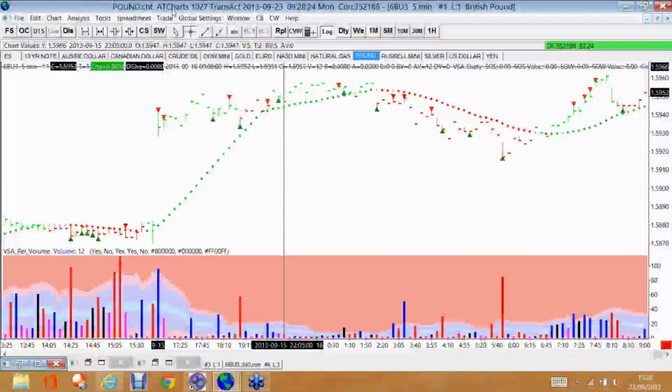And certainly where we're at, the only problem I've got is it's counter trend. So this would not be what I call high probability at the moment because it's against the trend. I really would like to see more evidence.